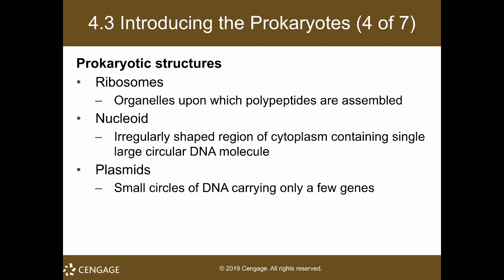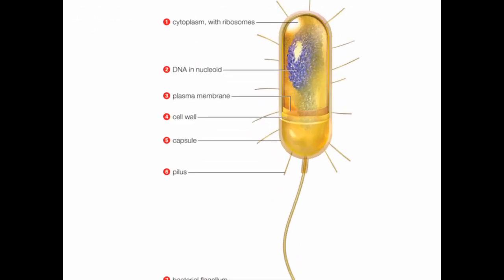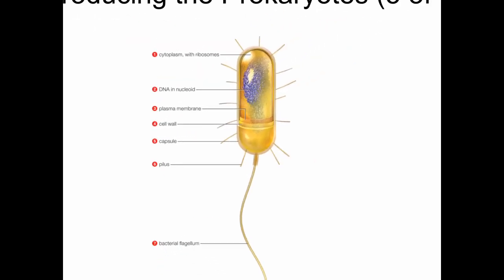The existence of the plasmid is also one of the reasons why we have antibiotic-resistant bacteria, because some antibiotic resistance is carried on the genes in the plasmids, and they can be freely exchanged between bacterial cells. So this is another view of your prokaryotic cell.